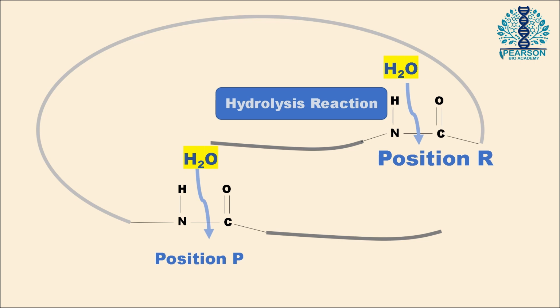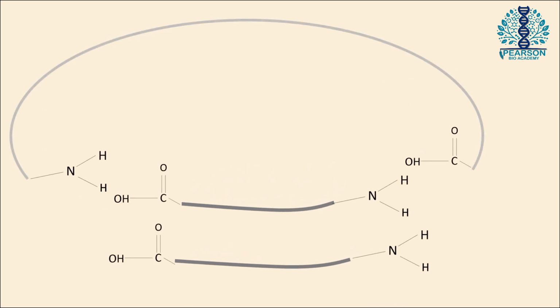If you recall, during a hydrolysis reaction, one water molecule will be added to the peptide bond, which causes the bonded amino acids to split apart. Please keep in mind, all these hydrolysis reactions take place under enzyme control.